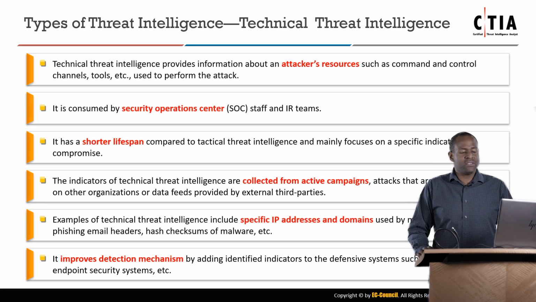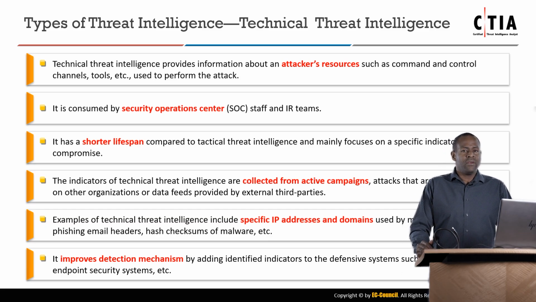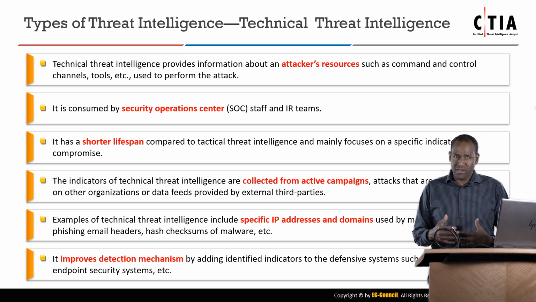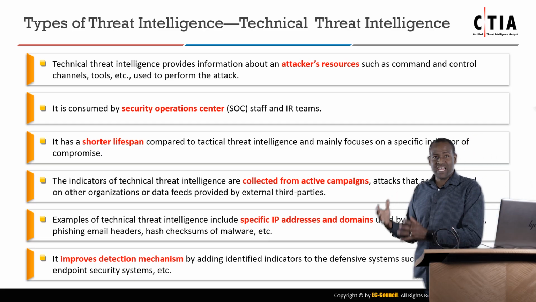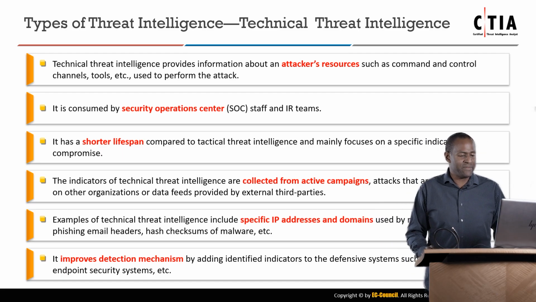Next, we look at a deeper view of technical threat intelligence. What is it? Technical threat intelligence provides information about an attacker's resources, such as command and control channels, tools, etc., to perform the attack. And to understand this, the people who are dealing with technical threat intelligence need to have an understanding of the tools that will be used in that type of an attack.